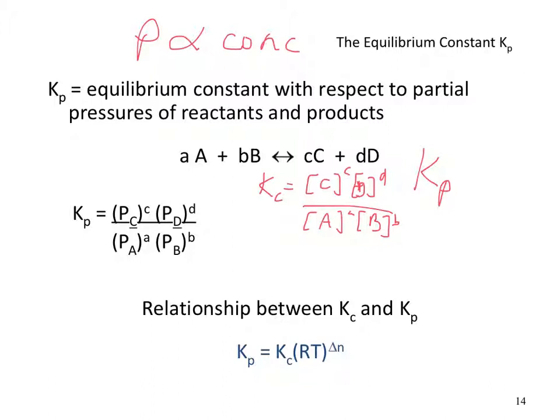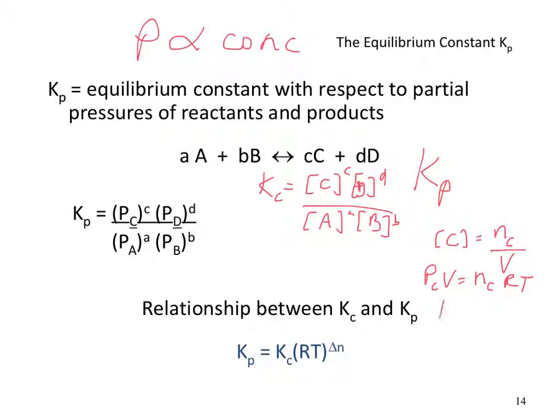And since, like I said, the concentration of any material is related to the partial pressure, it's a molar concentration, so it's the number of moles of that particular material. So for C, let's say, it's going to be number of moles of C divided by the volume. And if this is gas, then it should follow the ideal gas equation. So you can say that the pressure due to C times volume is equal to the number of moles of C times RT.